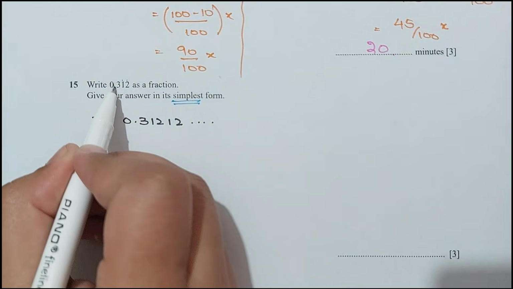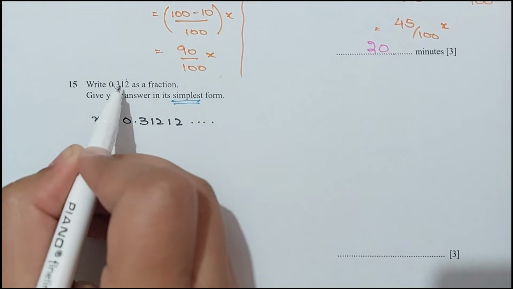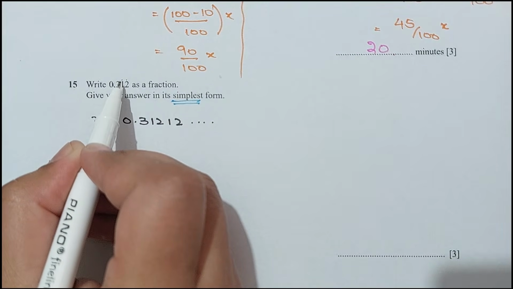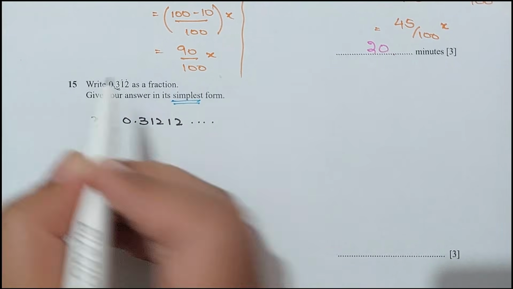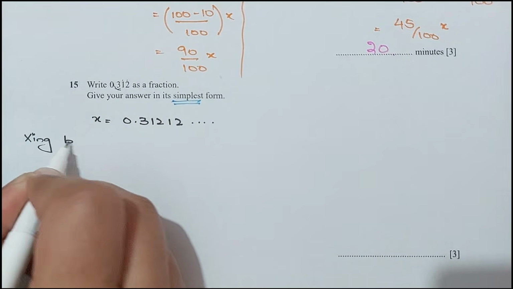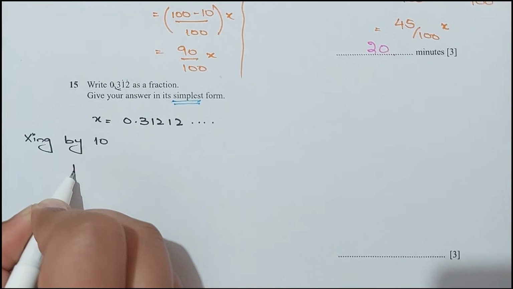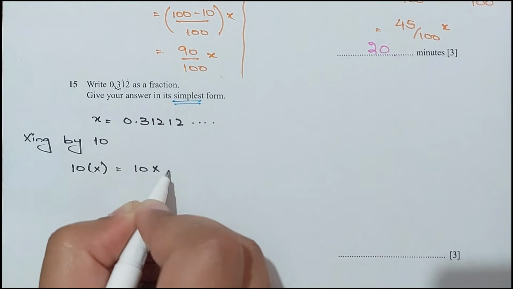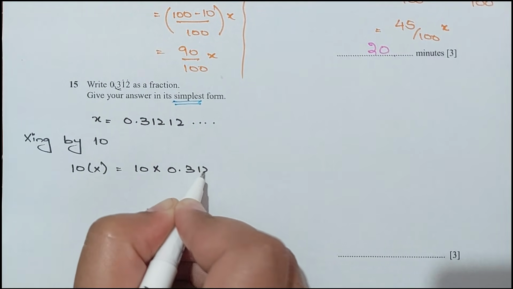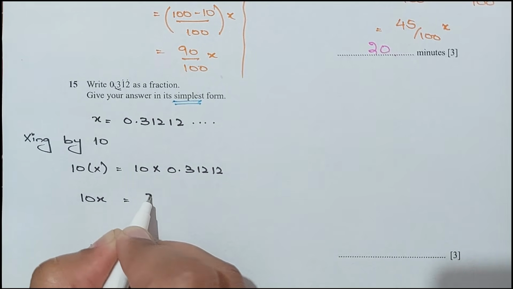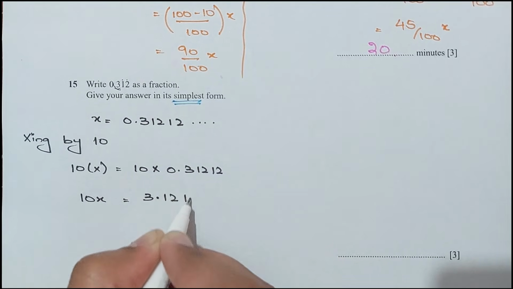As you can see, 3 is non-recurring, so you have to move it before the decimal point. This is just one digit, so you have to multiply both sides by 10. 10 times x equals 10 times 0.31212. So this is 10x equals 3.1212.